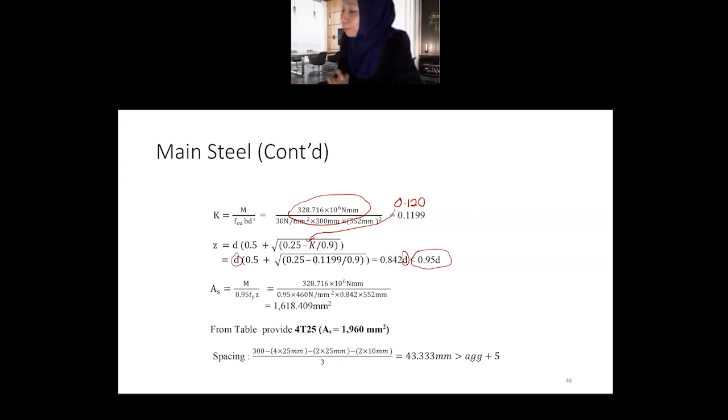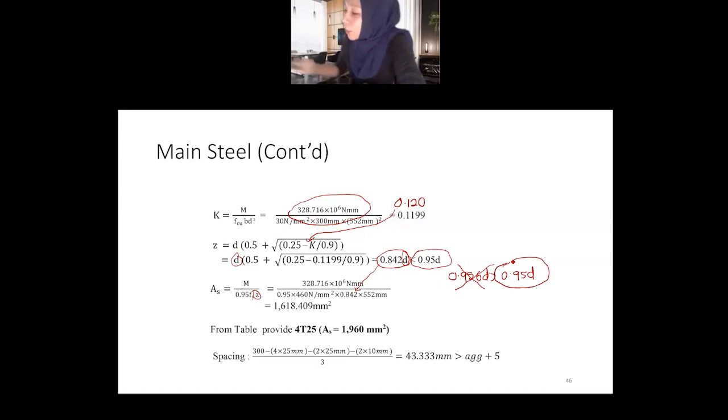So if here you get 0.842, you maintain this value when you calculate As. You see 0.842 here, the value of Z. However, if on any occasion you get a value of maybe 0.956, bigger than 0.95, will you use this value?